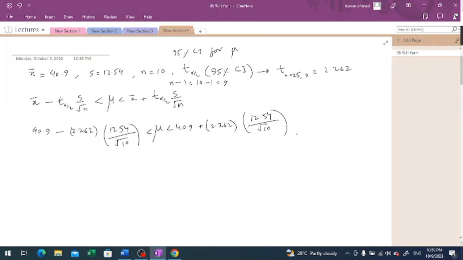So first of all, we'll compute the margin of error part of the CI formula, and for this we need to multiply 2.262 by 12.54 and then divide this by square root of 10, and this would give us 8.9699. So we can round it off again to 2 decimal places, 8.97.